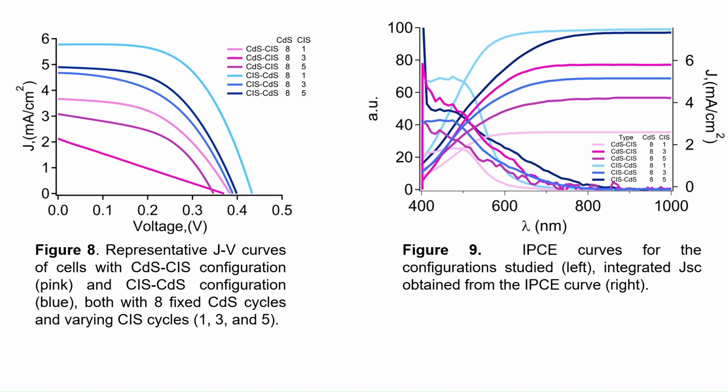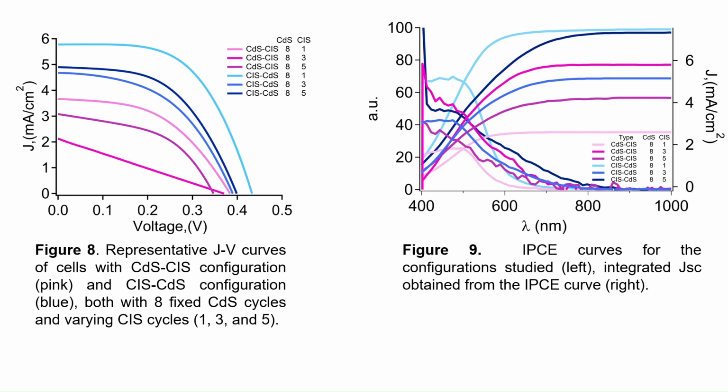where this inclination is seen in the line indicating shunt resistance due to possible leakage problems. That can be corroborated in the IPCE curves in Figure 9, where in the sample with one cycle of CIS you can see its absorption range, and by increasing the cycles to 3, it is observed that it expands its absorption range and has more external quantum efficiency.